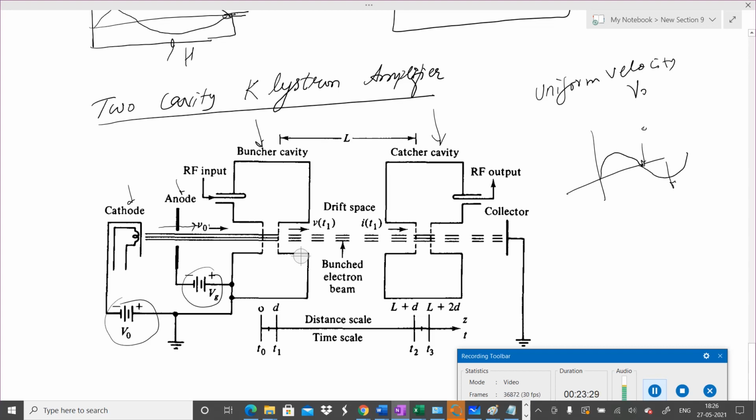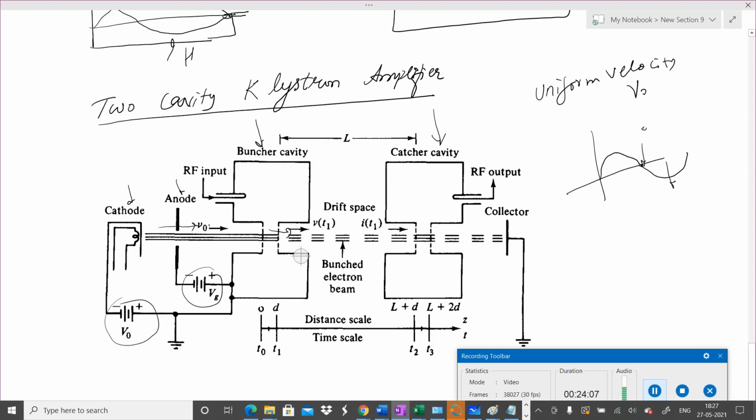As a result, once electrons leave this buncher cavity, they form a bunch of electrons. That is why it is called a buncher. Some electrons are moving fast, some at constant velocity, some at lower velocity. Earlier all electrons were moving with equal velocity, before passing through this buncher cavity. Now, because of this cavity, there is a potential difference which changes with time because of the resonant frequencies inside the cavity.